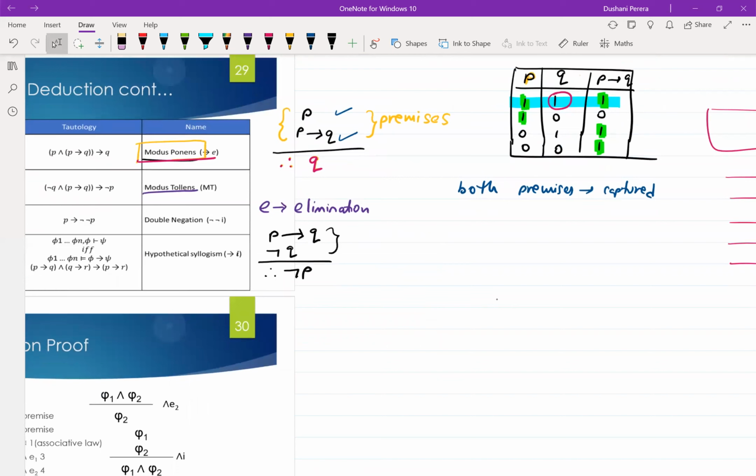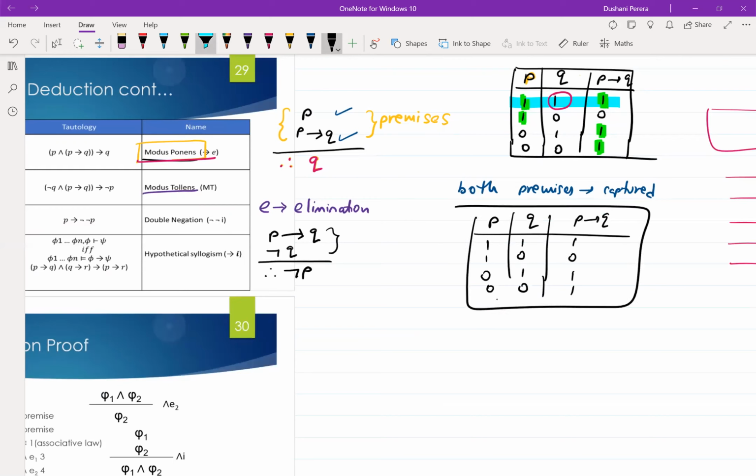Now let's go for another. You have P, Q, P implies Q. P implies Q is true. Then negation Q is true. Negation Q true means Q is false. That means these two.